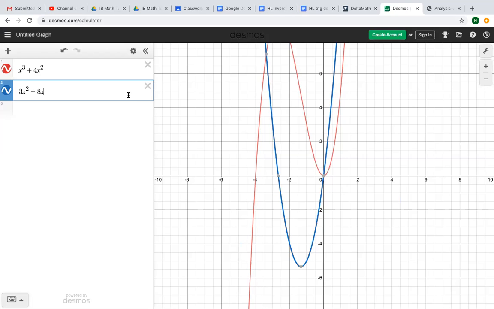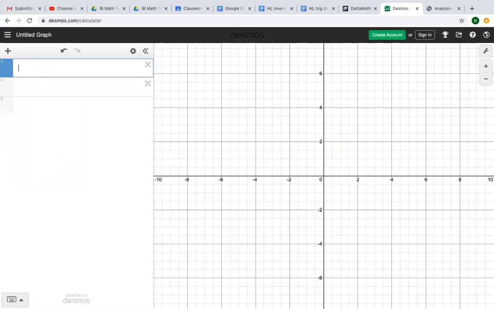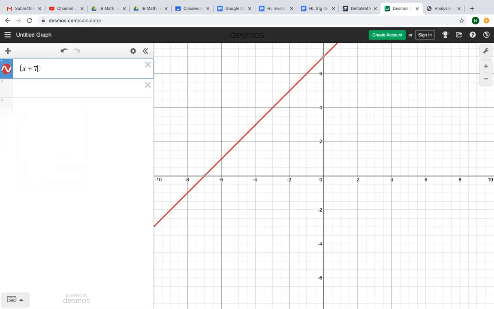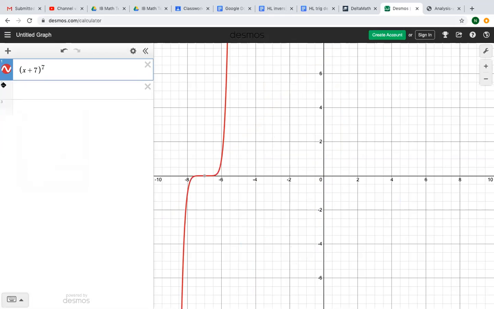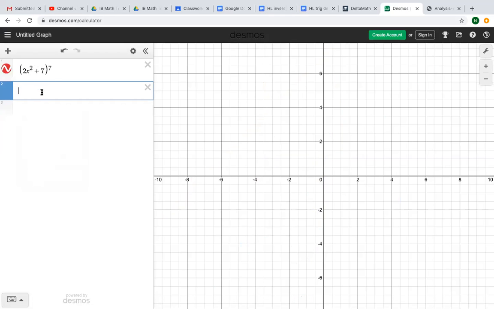Other places where we used chain rule, I think trig was the main place that we used it in your class, but we also did it for things like this. I don't know if you remember these questions where we were like, what's 2x squared plus 7 to the 7th power? Do you really want to multiply that out that many times? No. So instead, we did chain rule.